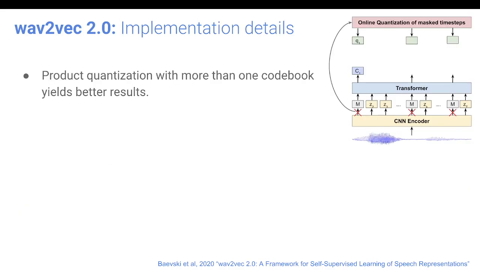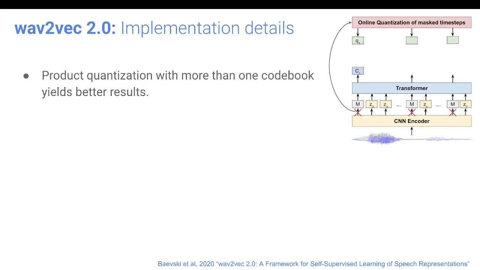A couple of implementation details for Wave2Vec 2.0. One, the quantization here is not just a single codebook, but rather product quantization was used, where for the same input position at step 1, for example, rather than just embedding it into a single codebook to get Q1, it was embedded into multiple codebooks.